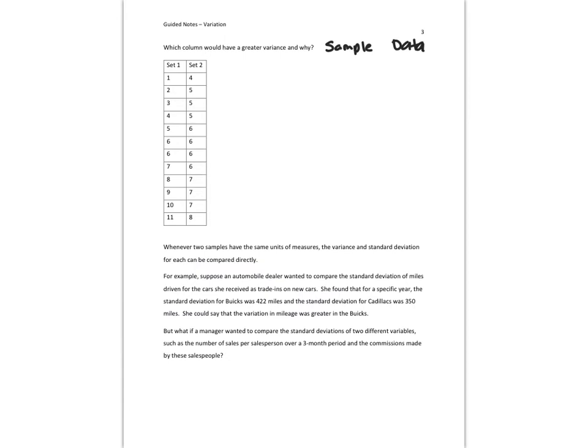Now, I've given you sample data here. I've got set 1 and set 2, and I want you to look at set 1, and then look at set 2 and tell me which set of numbers is more spread out, which would have a greater variance? I believe all you guys would say set 1 has greater variance.